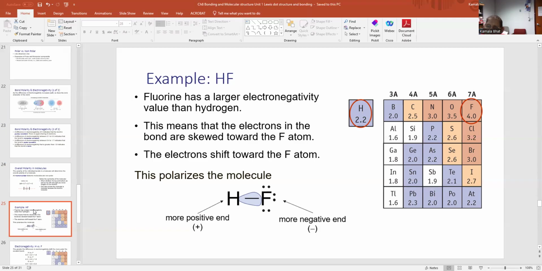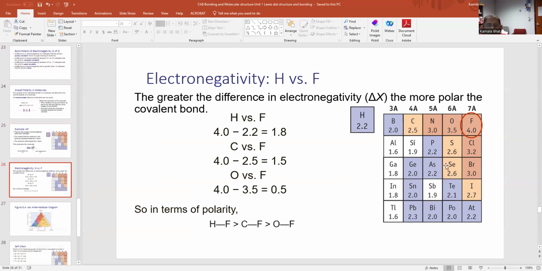Fluorine has more tendency to attract electrons and is the negative end, and hydrogen is the positive end.